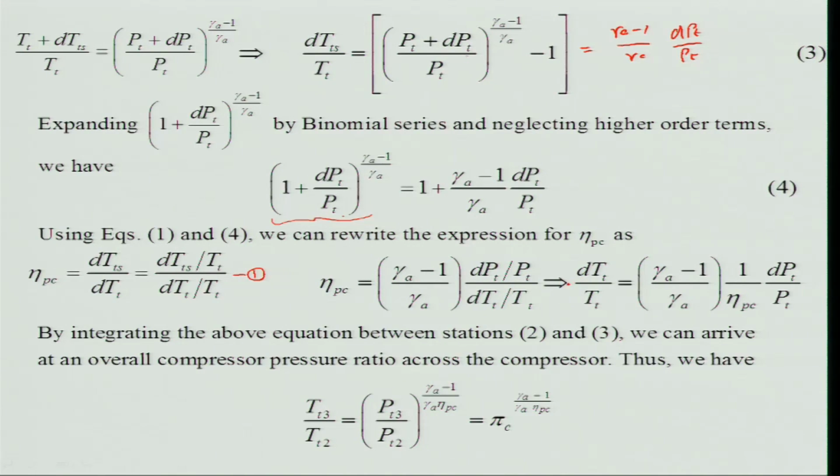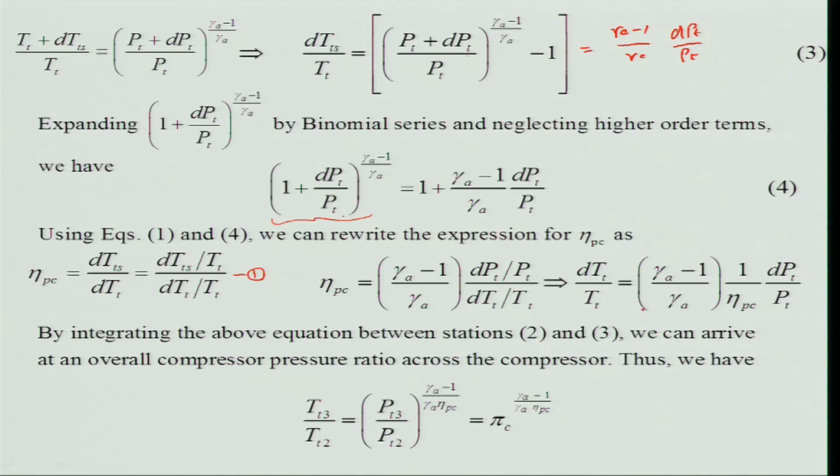If I just work it out, I will get dT by T is equal to (gamma minus 1) divided by gamma a, times 1 over eta_pc, where eta_pc is basically the polytropic efficiency, times dP_t by P_t.